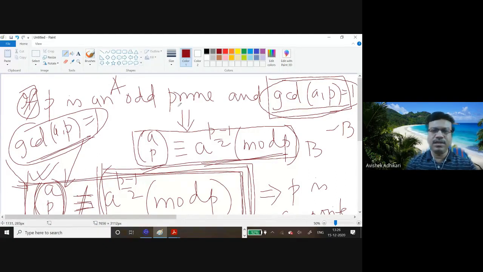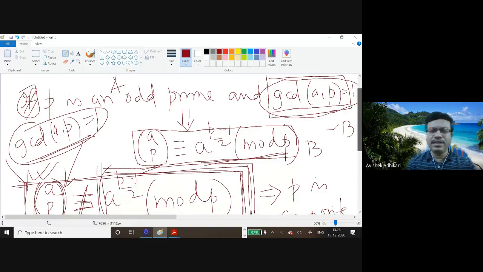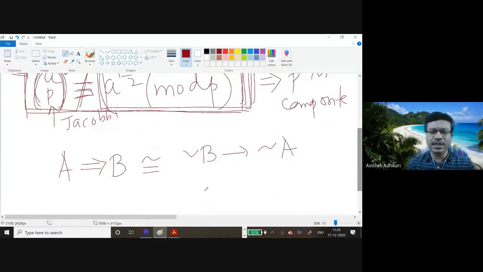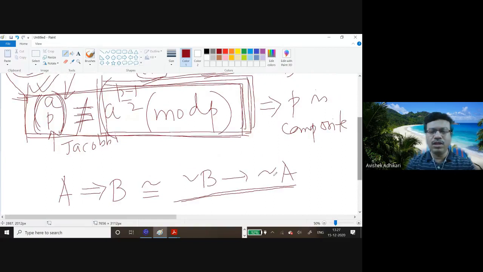Is it clear? So now negation B implies negation A will reveal that if this equality does not hold, then your conclusion will be that the number P, the input here, is composite. Otherwise it may be a prime number.